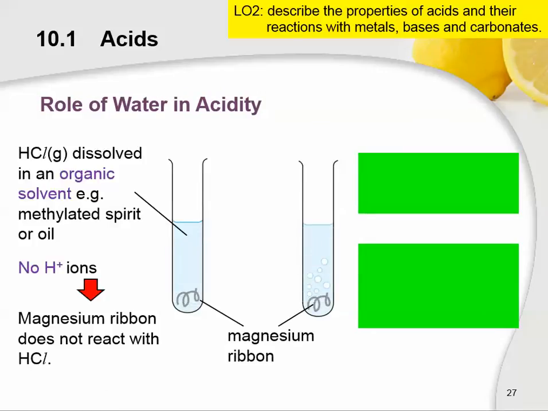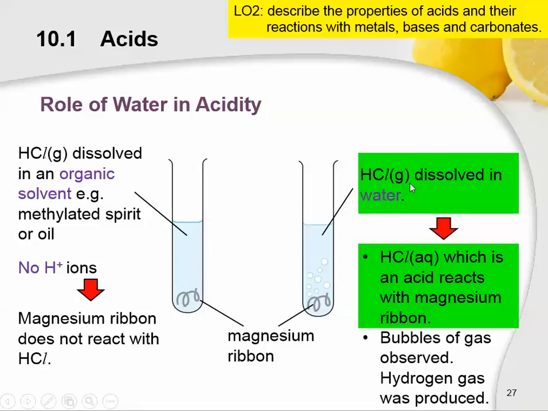Now let's look at the role of water in acidity. As we saw in the previous example, when HCl dissolves in an organic solvent, for example oil or methylated spirit, it exists as covalent molecules of hydrogen chloride. So no hydrogen ions are present. Hence, a metal will not react with the HCl gas in this solvent.